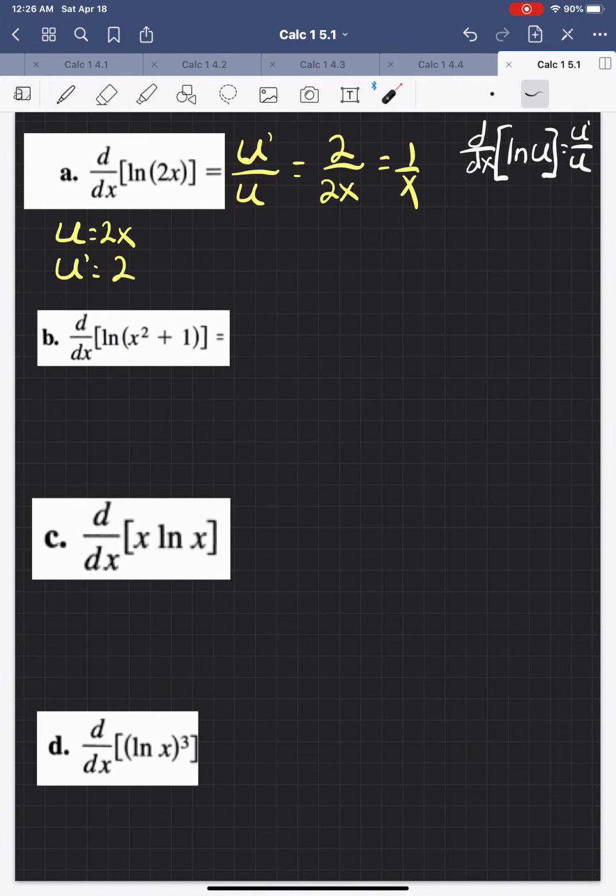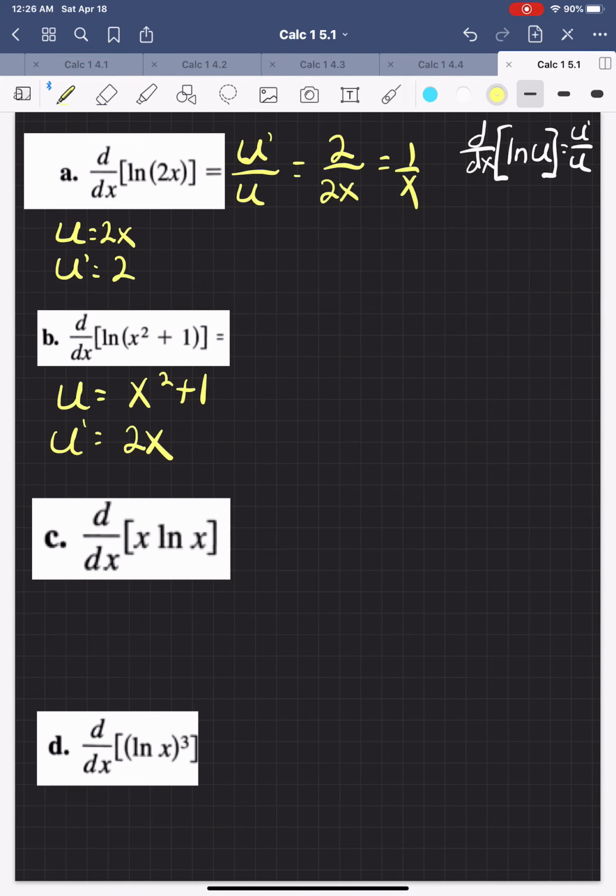So now let's do part B. In this case, we're going to take the derivative of ln of x squared plus 1. All right, no problem. We need to define u, and we need to define u prime. So easy enough. u would be x squared plus 1. u prime would be 2x.